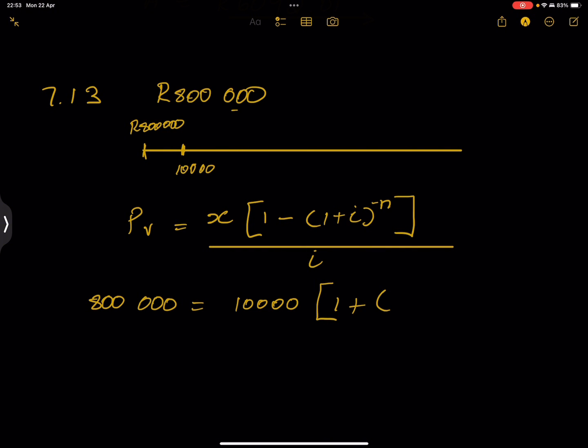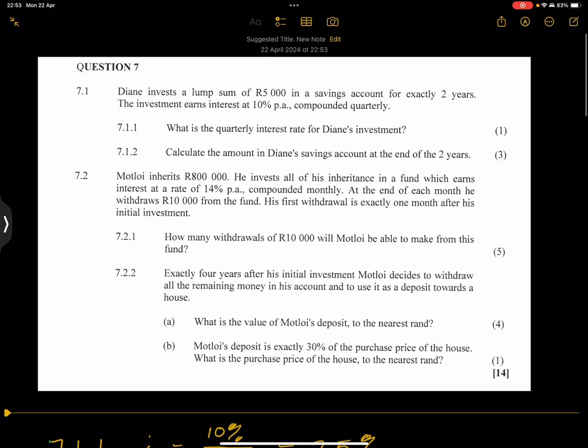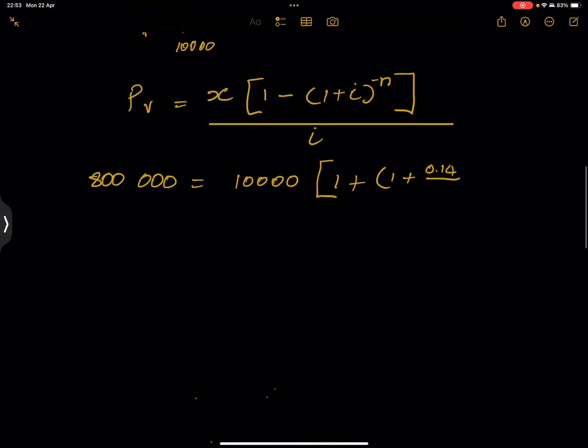Now we need to keep in mind, our interest, we said that was 0.14, or at least it's given as 14%. Okay, but remember this would be monthly. So at the end of the day, we're going to divide this by 12, okay? And in this case, I'm going to say minus n, and put this n as the number of withdrawals, right? Because in this case, I'm not going to put it as the number of years, but as the number of months, okay?